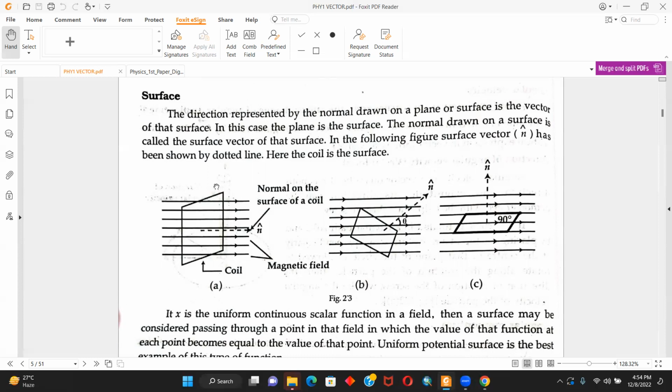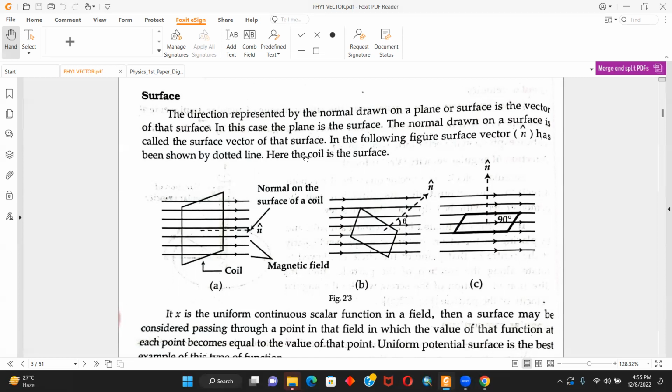Normal means perpendicular drawn from the surface. Again, in this case, you could see the normal is in this direction. In this case, the plane is the surface. The normal drawn on a surface is called the surface vector of that surface.